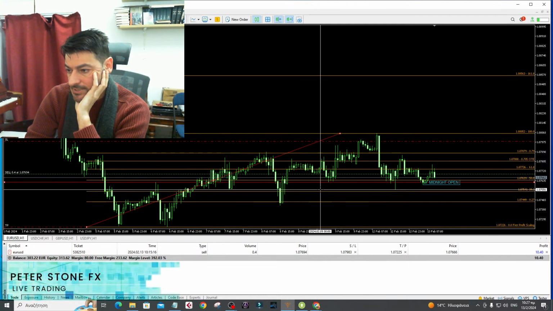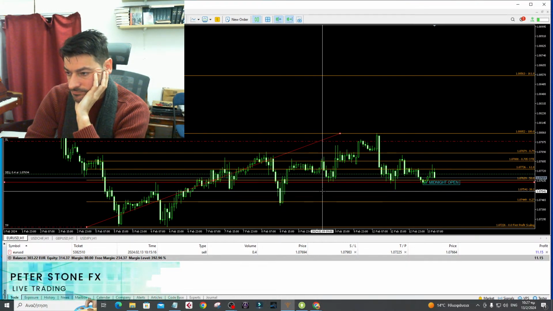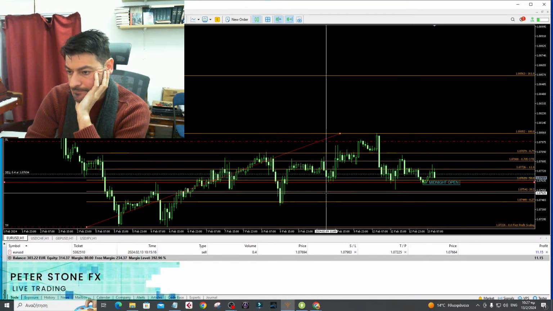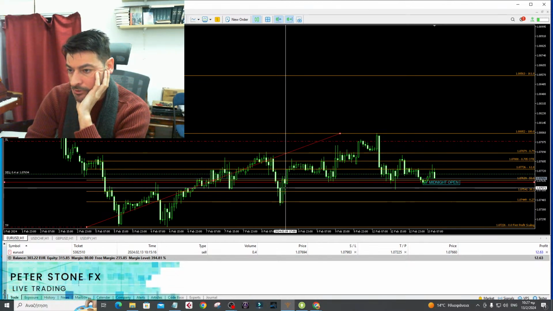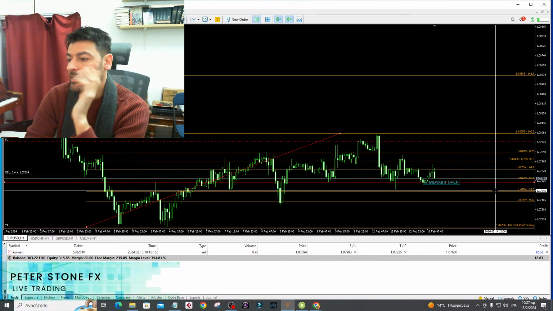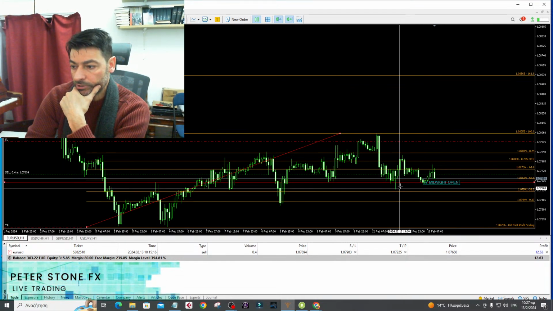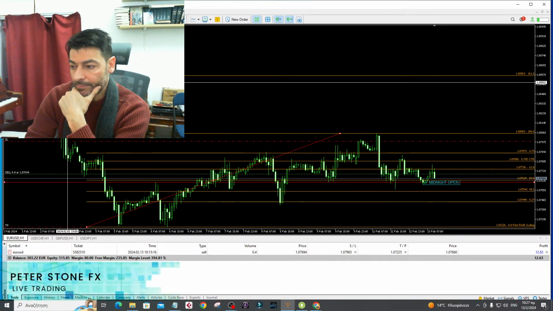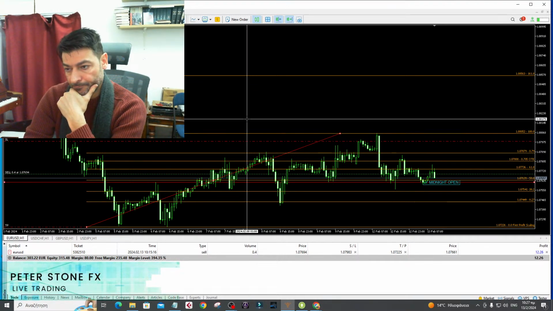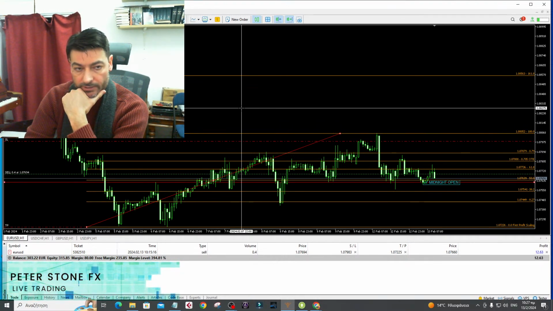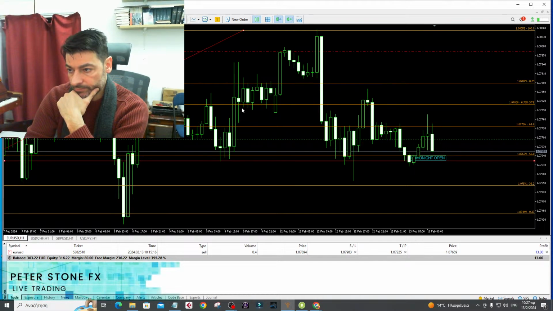And for sure, we will see what price will do here, because here we have a bullish order block, and it's always a scenario that we hit the optimal trade entry from this area, so it's around here, and then go up to fill this gap, especially today. So we have to be on it. You never know what will happen.